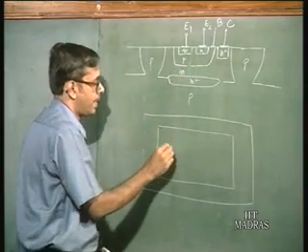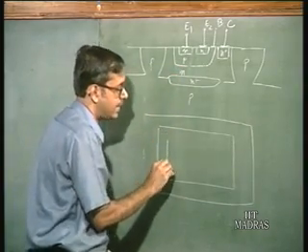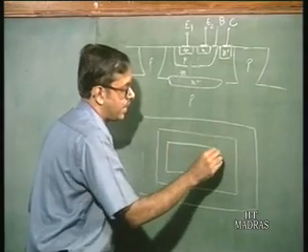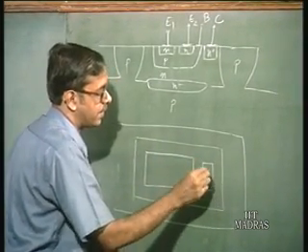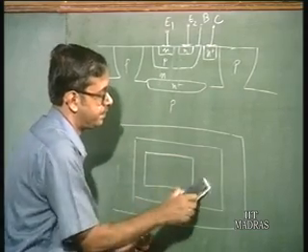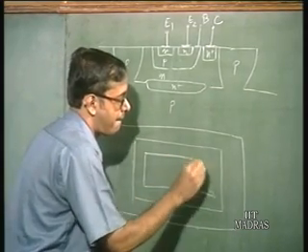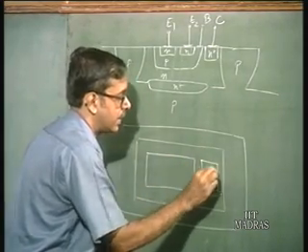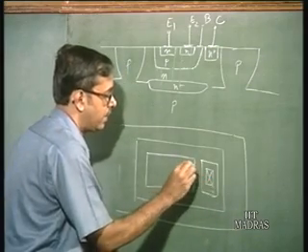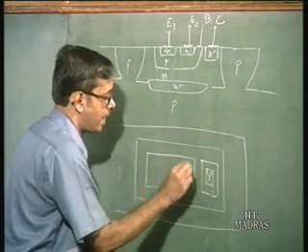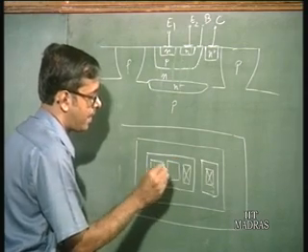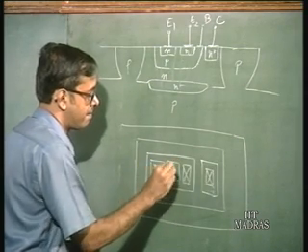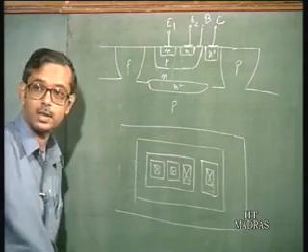This is the base. This is the collector diffusion N plus. And you have the collector contact here, you have the base contact here, and then you have two emitters, and these are the two emitter contacts.